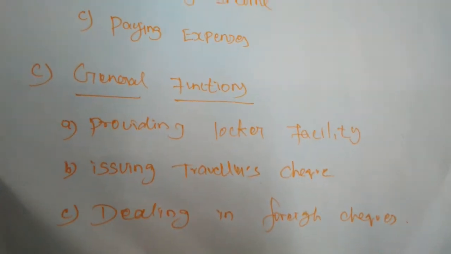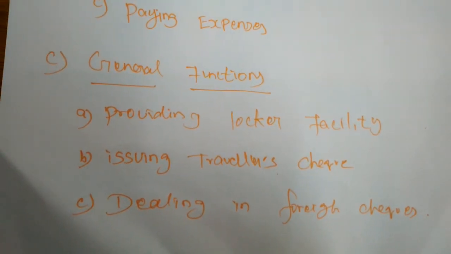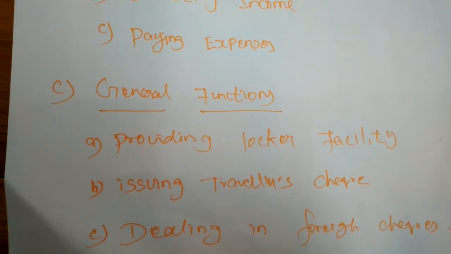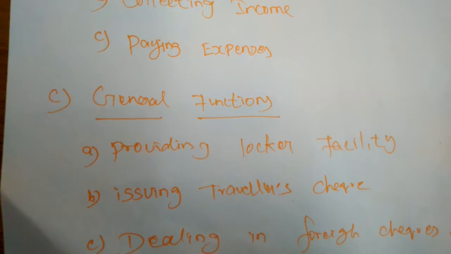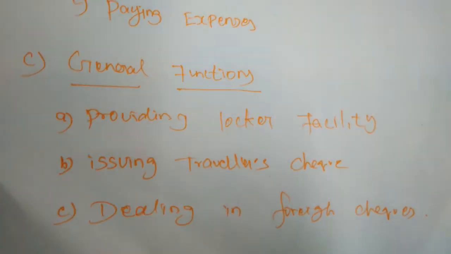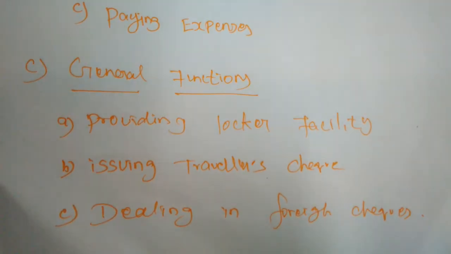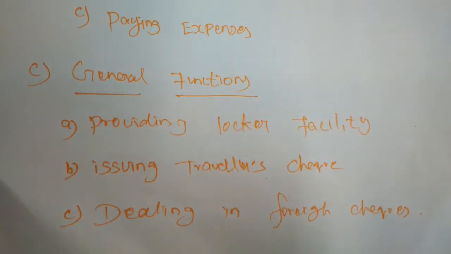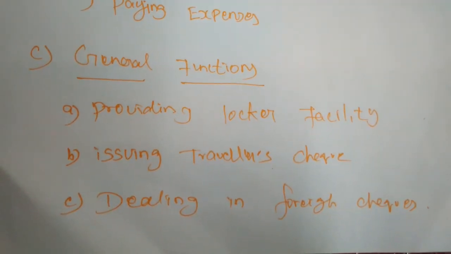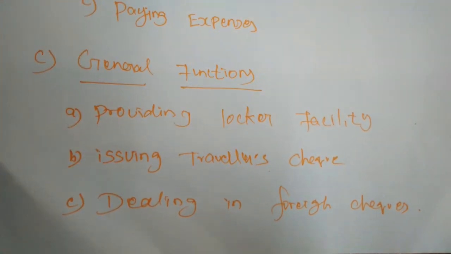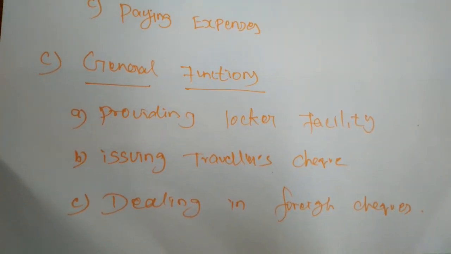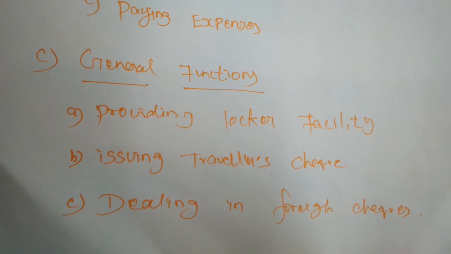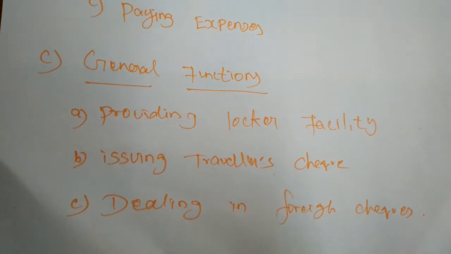Next, dealing in foreign exchange. Commercial banks help in providing foreign exchange to businessmen dealing in exports and imports. If any entrepreneur or businessman wants to deal in international trade, that may be export and import, the entrepreneur must have a sufficient level of foreign exchange, that is, foreign currency. But in the beginning, the businessman does not have a sufficient level of foreign exchange before getting involved in international trade.